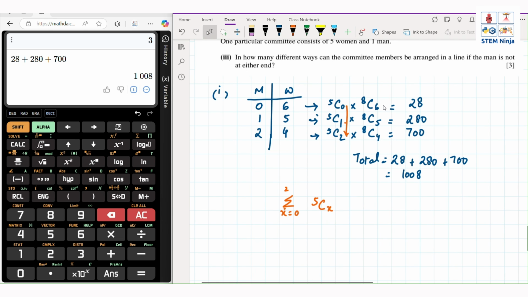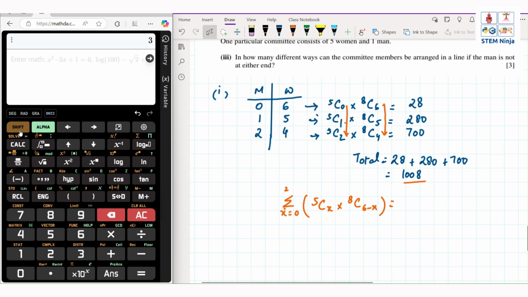But over here, we are going from 6, 5, and 4. So multiplied by 8C 6 minus x. So each time x is increasing, we are subtracting from the 6. So 6 minus 1, 5, 6 minus 2, 4. So when we plug this in the calculator, we should get the same answer over here. Now, let's see whether we can pull this off or not.